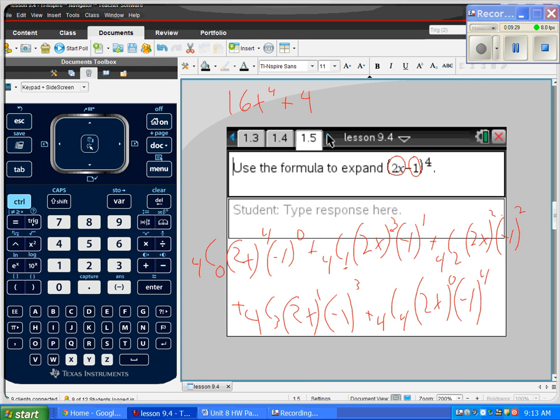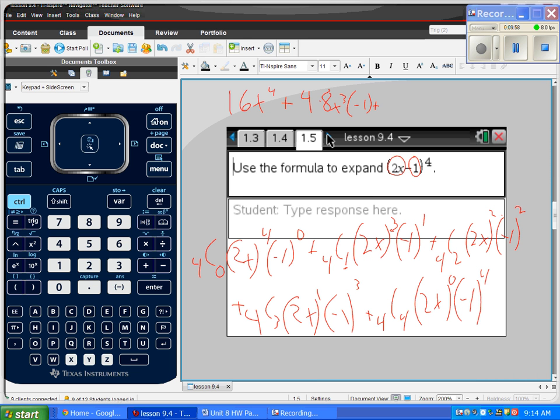Yep. 2x cubed is? What's 2 cubed? 8. What's x cubed? It's -1 to the first. -1. Any number to the first is itself. This is -1.